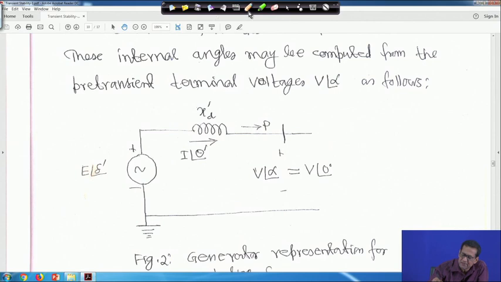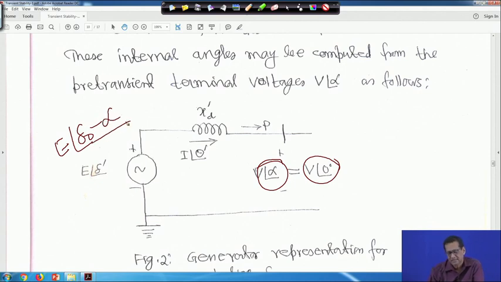Earlier we have seen that if we change this, suppose my angle was delta 0, now if we make this side the reference, instead of V angle alpha if you make V angle 0, naturally this side will be delta 0 minus alpha, right. That means my delta dash will be delta 0 minus alpha.